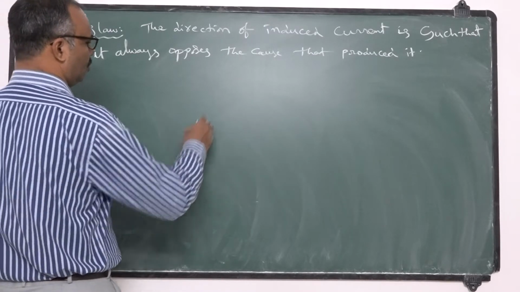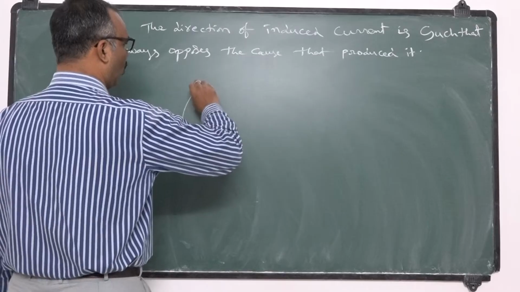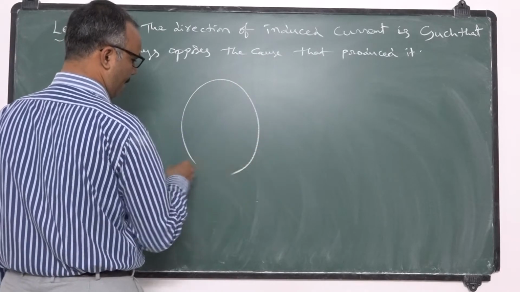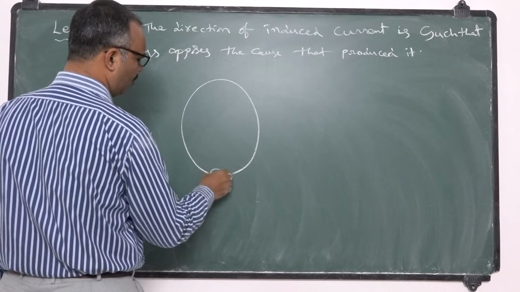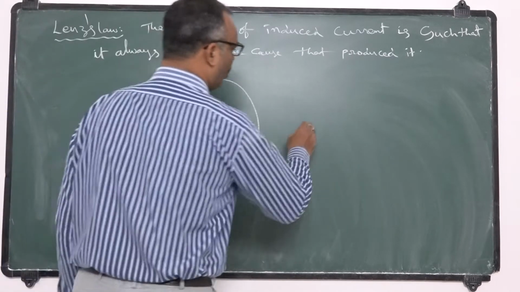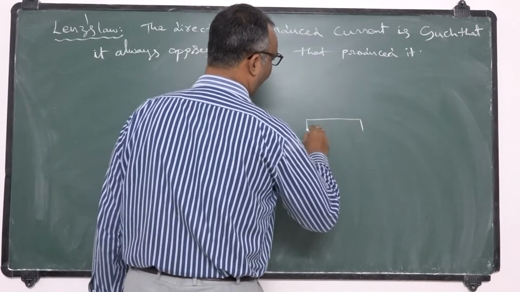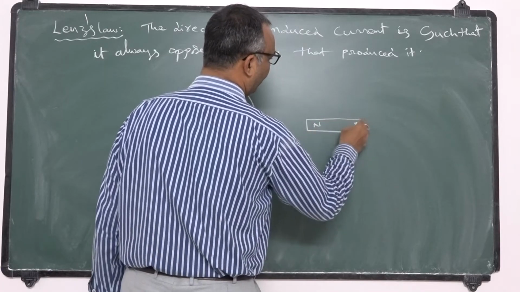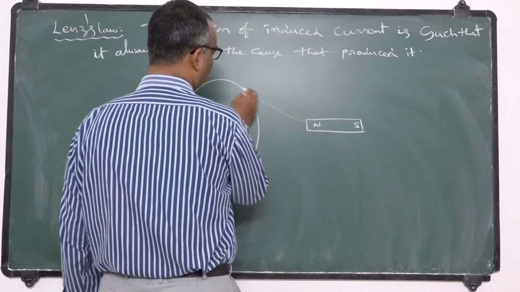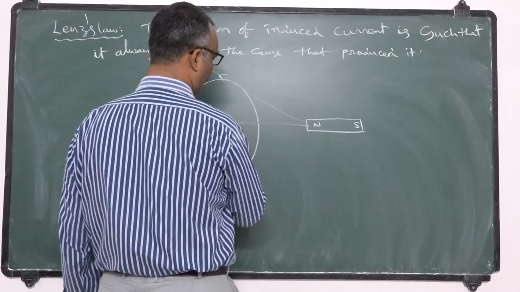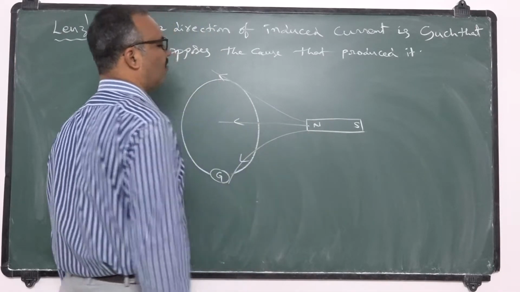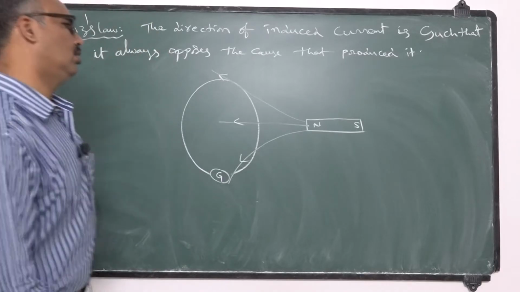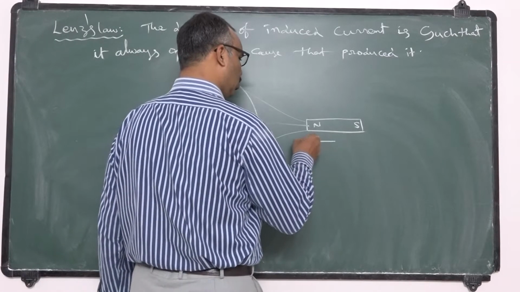Suppose you have a coil connected to some galvanometer, and you are bringing a bar magnet nearer to it. Some magnetic field is like this, and some magnetic flux is linked with the coil.